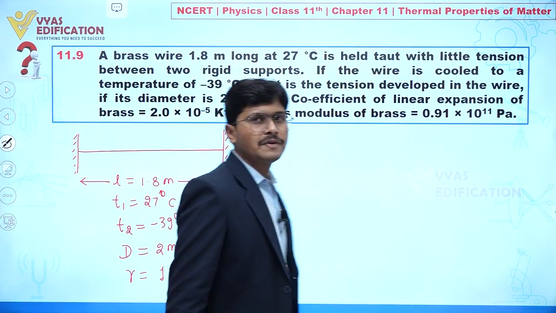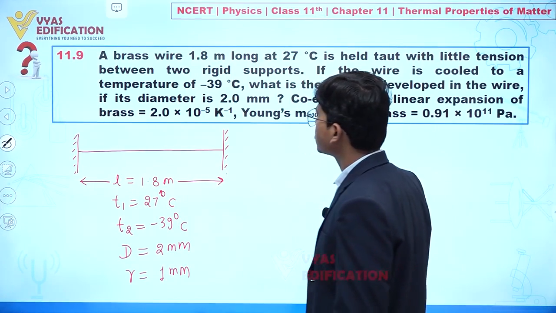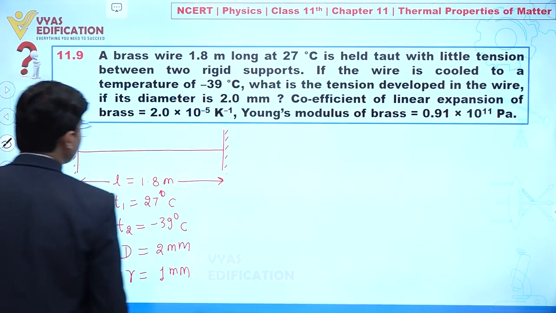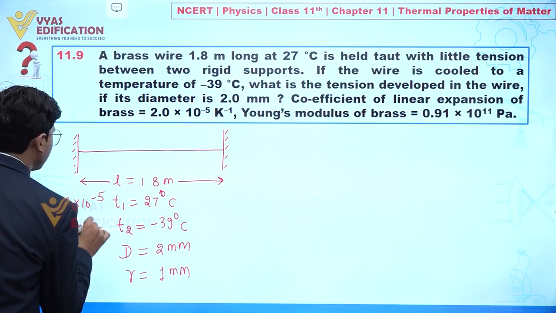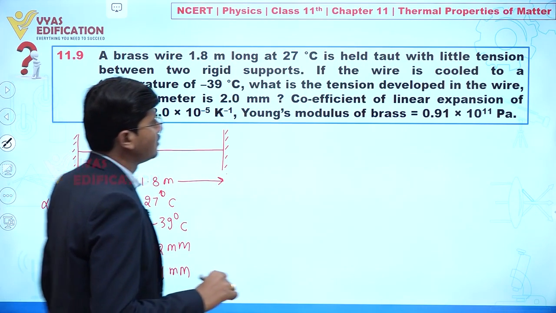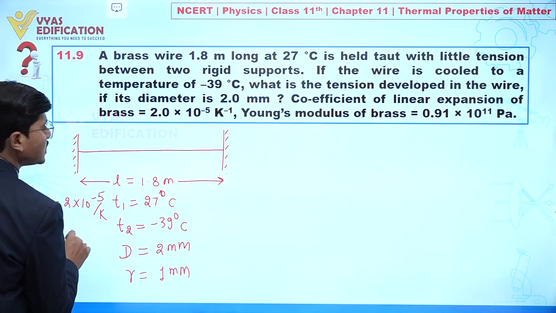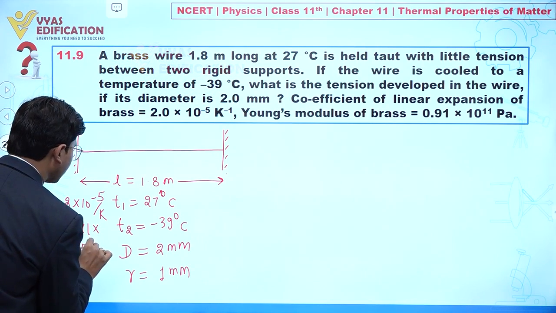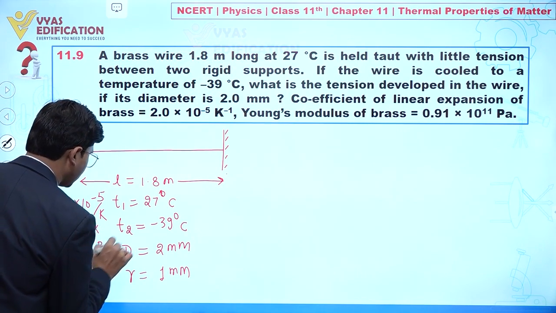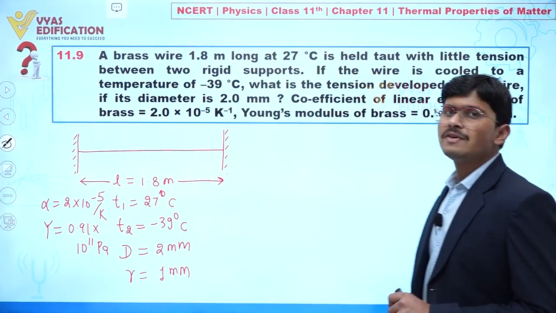The coefficient of linear expansion alpha is 2 into 10 to the power minus 5 per Kelvin, and Young's modulus Y is 0.91 into 10 to the power 11 Pascal. Now listen, how to approach this question is very important.